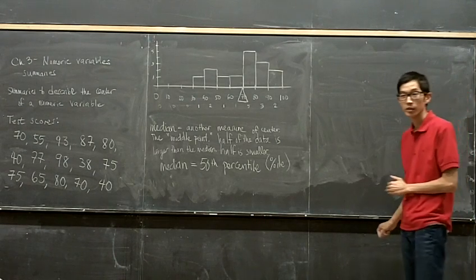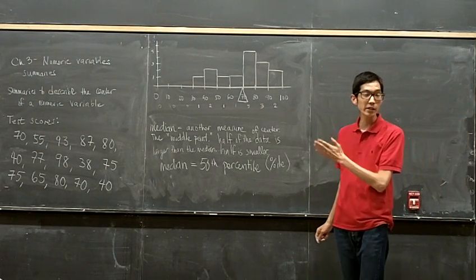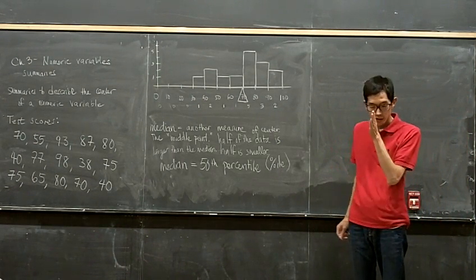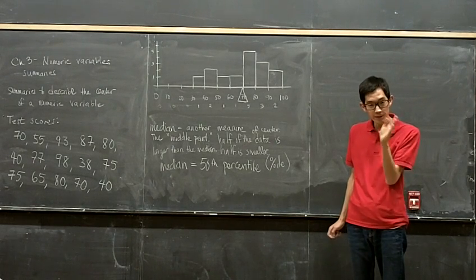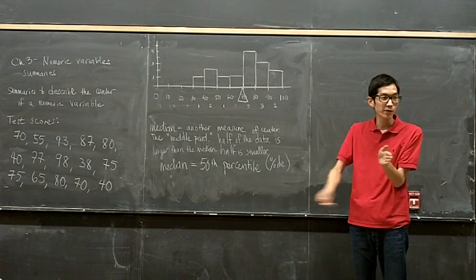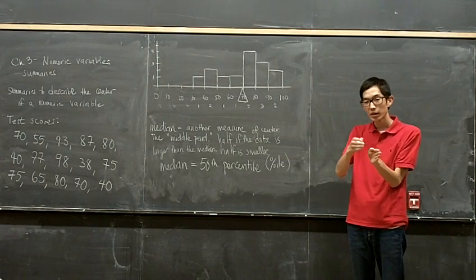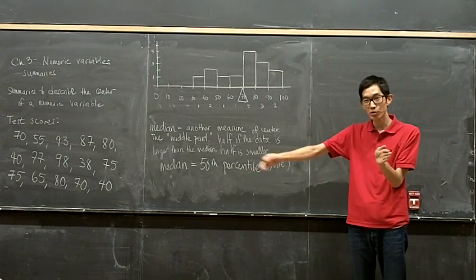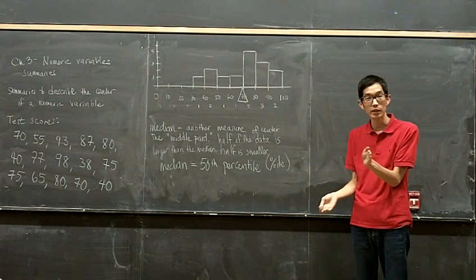And what does that mean? Whenever you hear the word percentile, it means at that number, at the 50th percentile, 50% of your data, or 50% of the population, has scores or numbers lower than the 50th percentile.